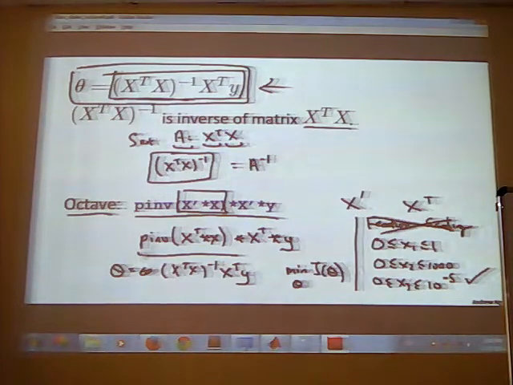In Octave you will have a command pinv, which will calculate the inverse of a matrix. Look here, we have x transpose cross x in brackets, and we do not have an inverse sign over here. Why? Because pinv is calculating the inverse of x transpose x. This will calculate the inverse of this and will multiply it by x transpose, and then it will multiply it by y.